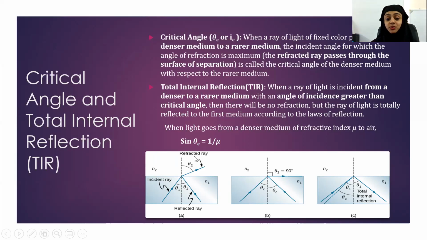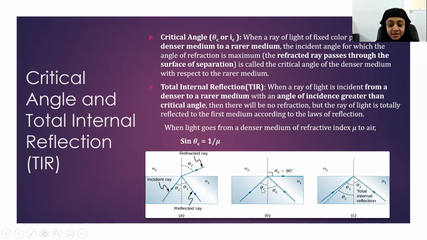So sine theta c is equal to 1 by mu. I will just tell you how. We learned the generalized Snell's law, right? Mu into sine of the angle in that medium is equal to mu into sine of the angle in the second medium. So here, suppose light is incident from here.